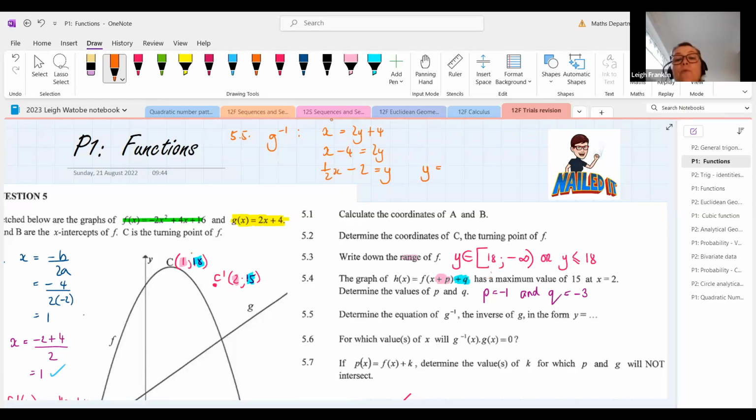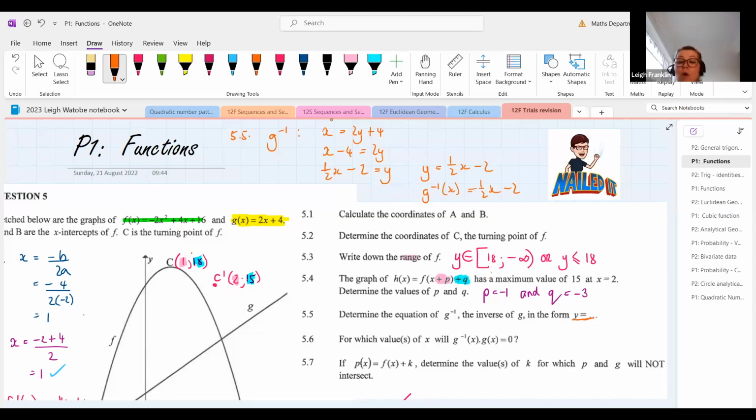Generally speaking, we would write it with the Y first, but it doesn't matter if you don't. I mean, the other thing that you could do is put that over 2, but we should always just try and simplify where it is possible for us to do so. Okay, or the other way that we could write this is like that, but they did say in the form Y equals.